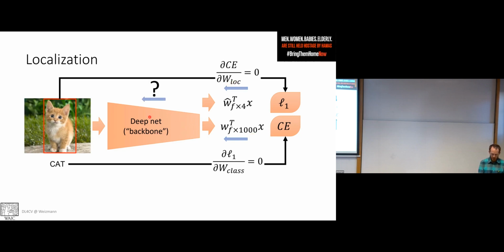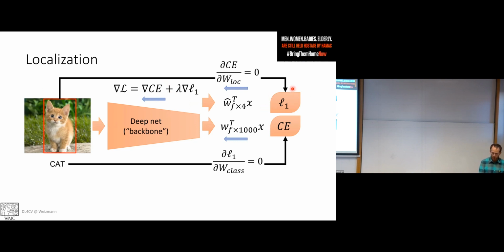But once we are propagating into the backbone, both components are relevant. And because of the chain rule, we don't need to explicitly define how these gradients affect the backbone. It is simply the weighted sum of the gradients.